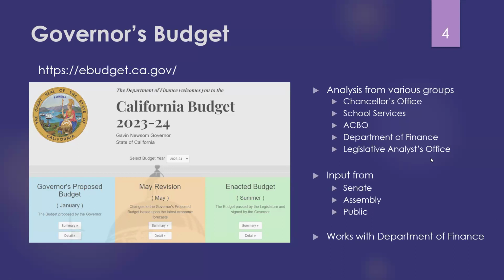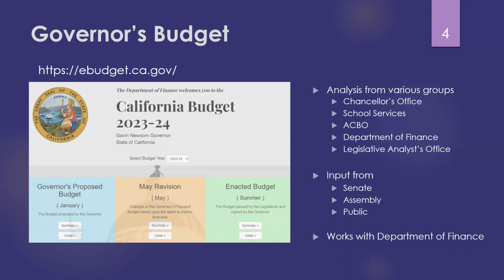For community colleges, we do have a variety of groups that provide a lot of analysis and information on how the budget will impact our system. They'll work with various other groups such as the Community College League of California, the Association of Chief Business Officials, and ACCA, which consists of community college administrators, to prepare a joint fiscal analysis.